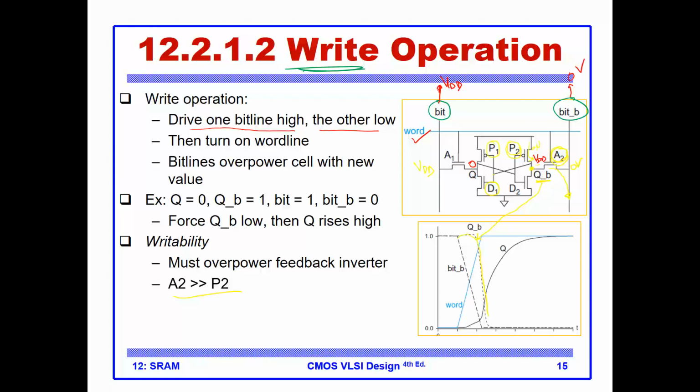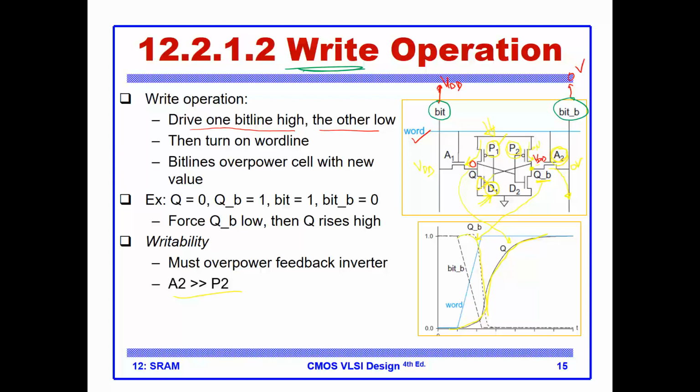But when I start bringing this node, which is Q bar, to zero, I will activate P1 and deactivate D1, and that will start charging this node, which is Q, to VDD. So you can see this Q node going up and up and up, because I'm turning off D1 and turning on P1.